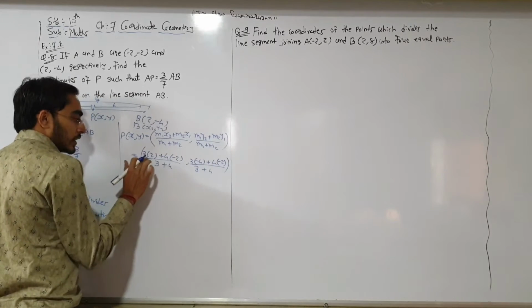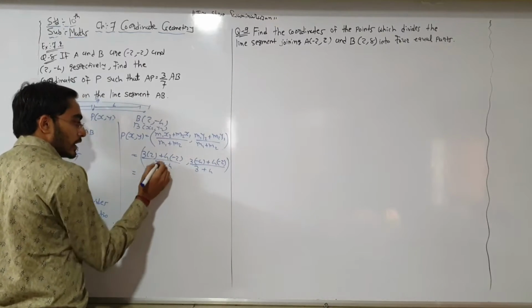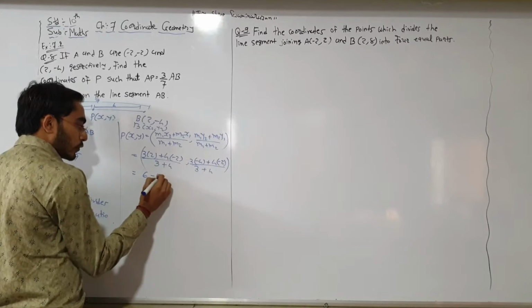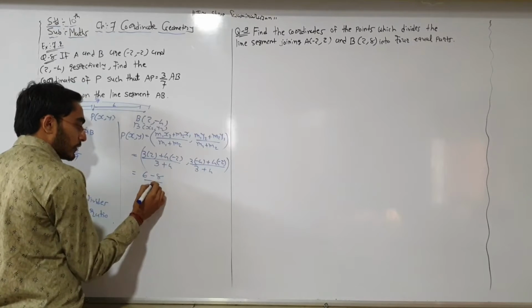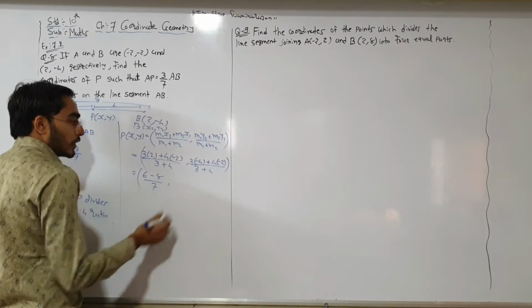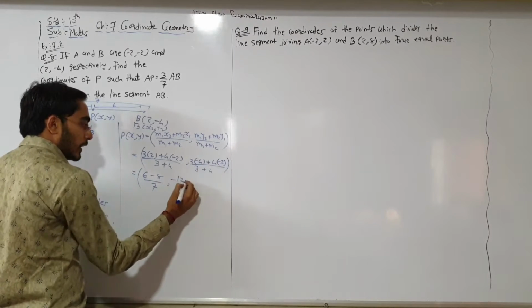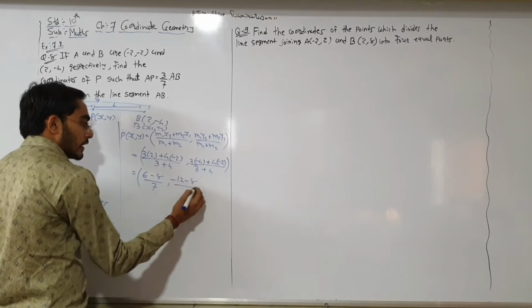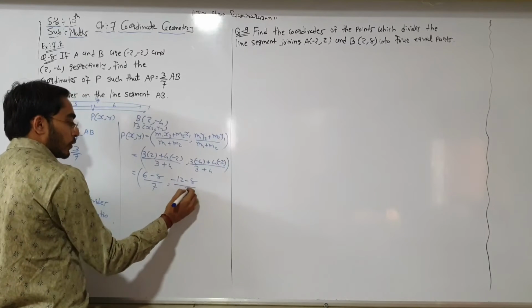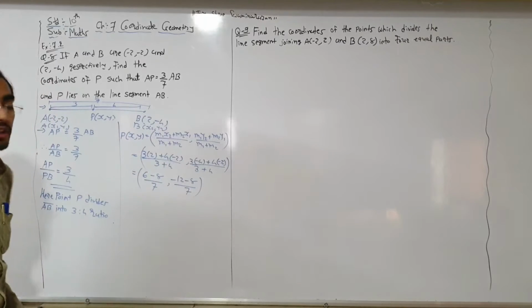So now 3 into 2, 6, plus 4 into minus 2, minus 8. Now here 4 plus 3, 7. Now simplify this.